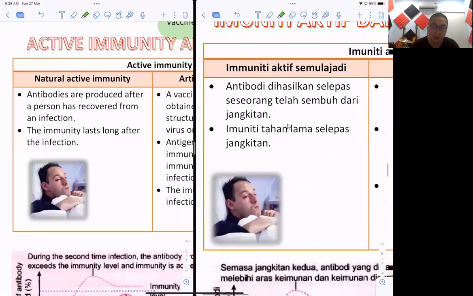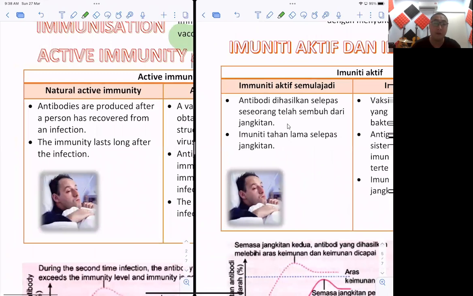So what is active immunity? Active immunity is when the antibody, which is the weapon that your cells use, your white blood cells specifically, is produced when a person has recovered from infection, or in BM, sembuh daripada jangkitan.